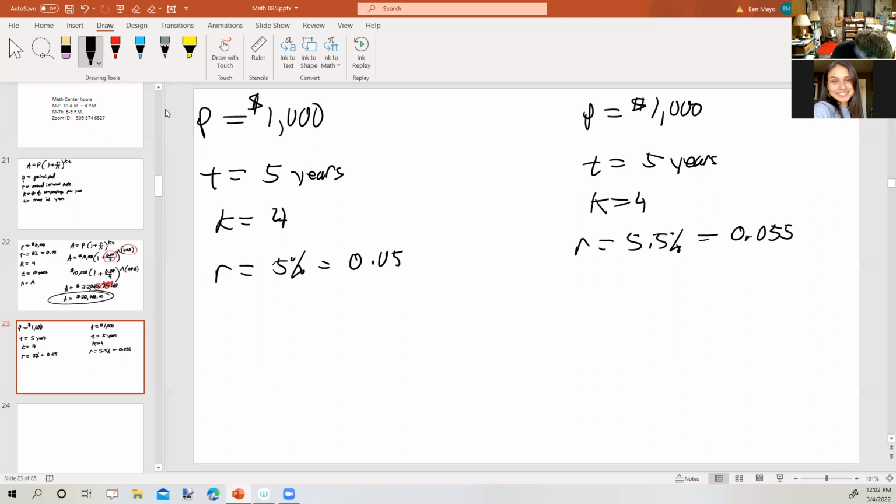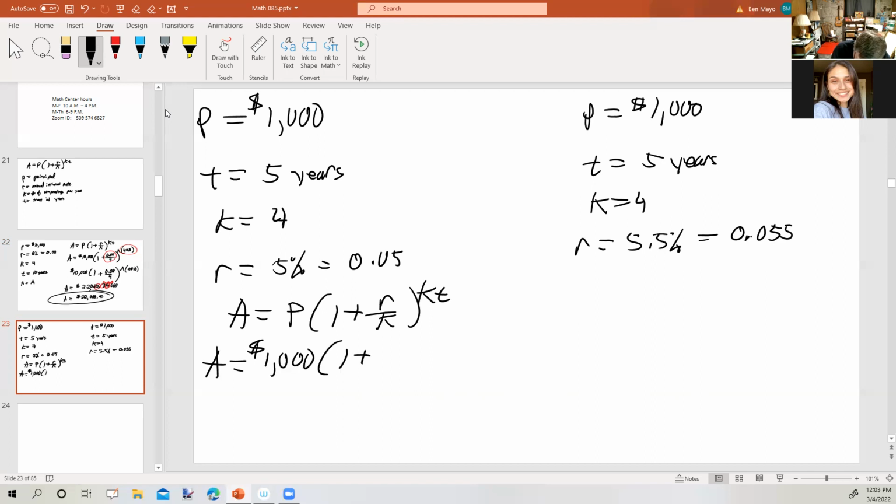Okay. All right, so using the formula, A equals P times 1 plus R over K to the KT power. This first case, A is 1,000 times the quantity 1 plus 0.05 over 4 raised to the 4 times 5 power.